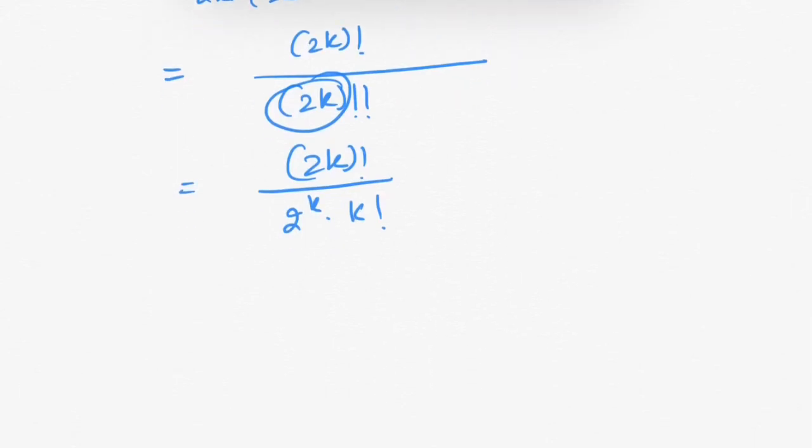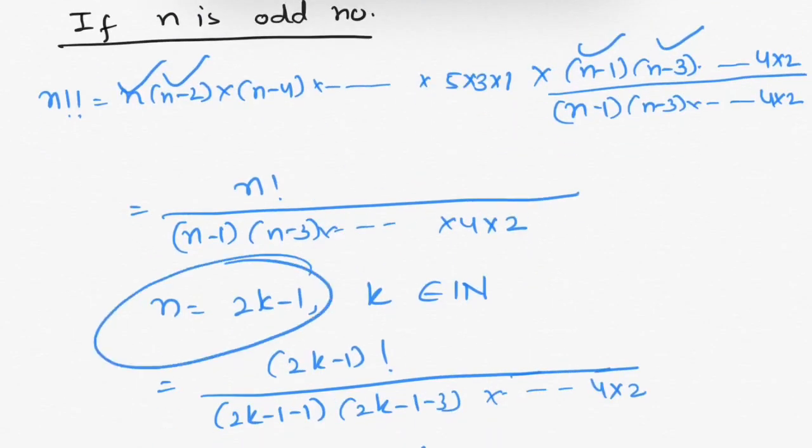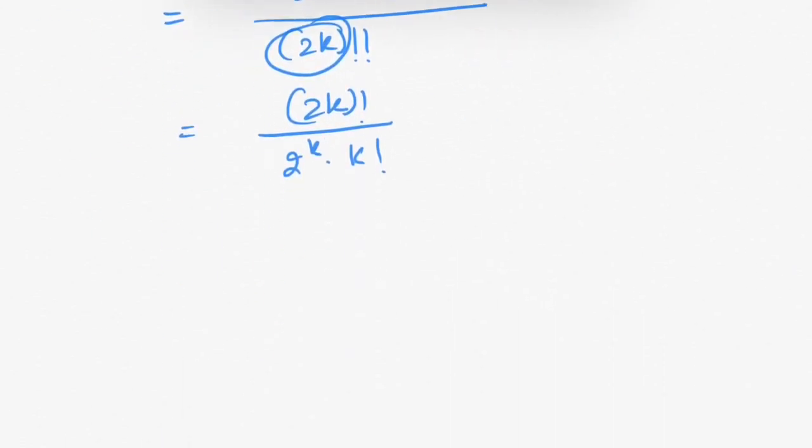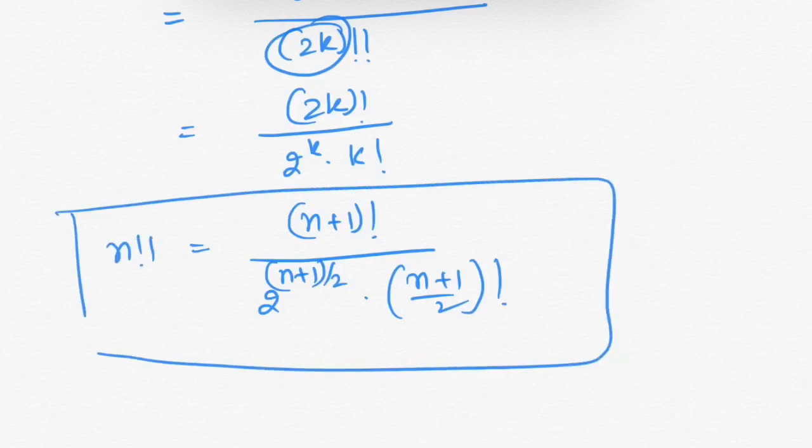And we know that k is what? From this equation, k is n plus 1 over 2. So on putting the value of k, we have n plus 1 factorial over 2 raised to power n plus 1 over 2 into n plus 1 over 2 factorial. So this is the formula for double factorial of an odd number.